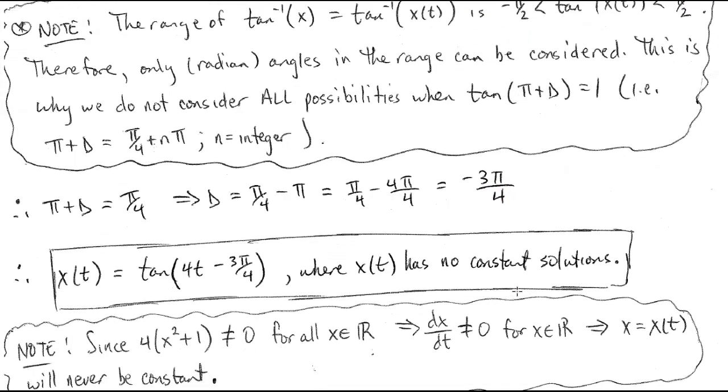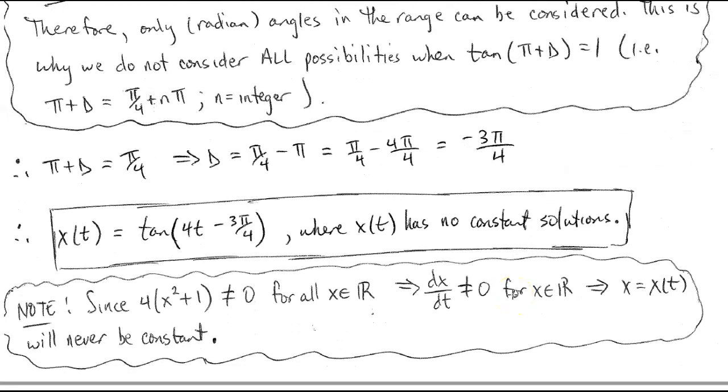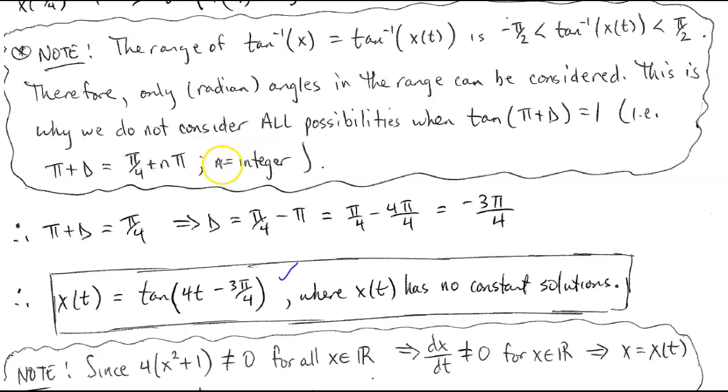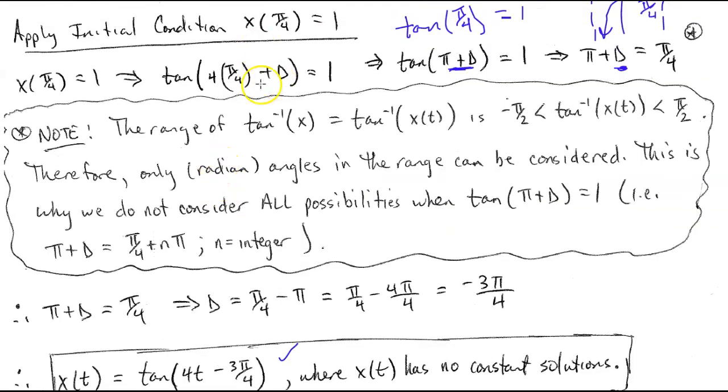And so here we see that the actual solution for it is just going to be tangent of 4t minus 3 pi over 4. And this is the only solution. And what that means is out of a family of solutions, and remember, a family is kind of like that example that I did with the arc cosine, to where depending upon what the constant is, the solution could kind of move up or down or left or right or whatever.